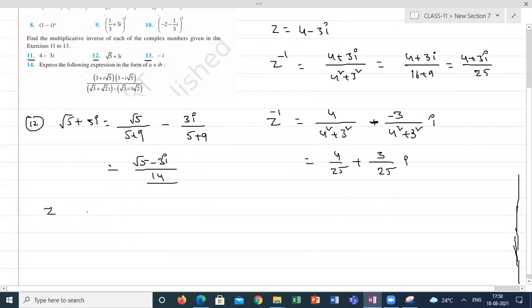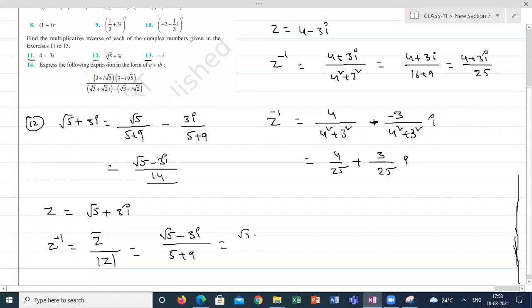So if Z is equal to root 5 plus 3i and I am asking Z inverse, using the formula Z bar by modulus of Z, I will get root 5 minus 3i divided by 5 plus 9. That is root 5 minus 3i by 14. Simple. Any method you can use. This is one method, this is the alternate method.